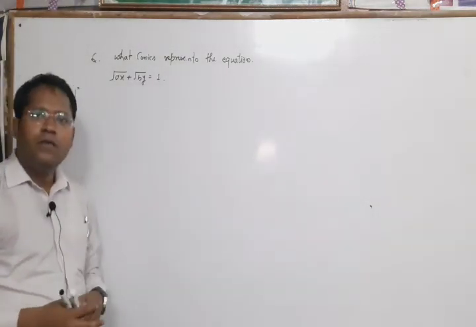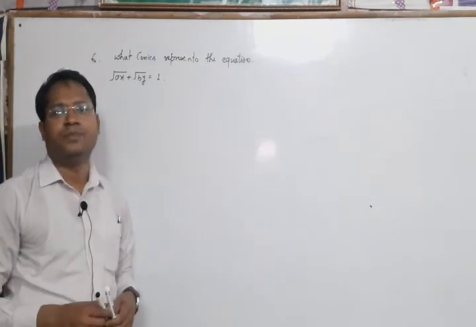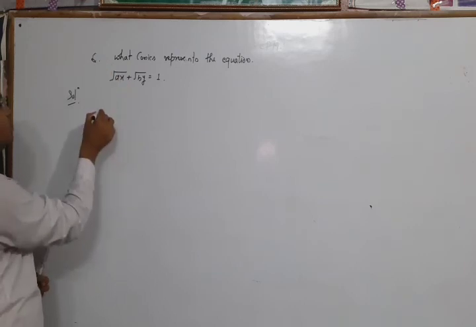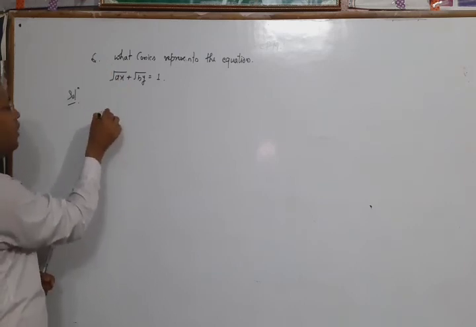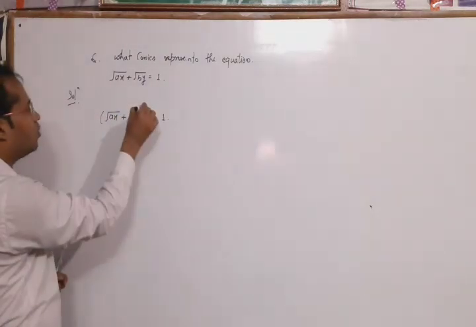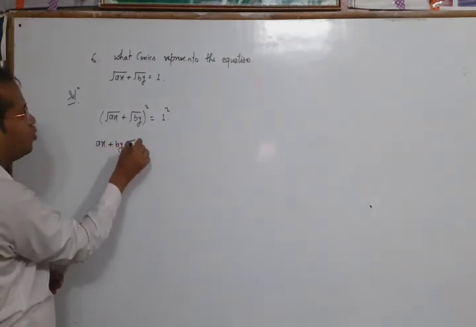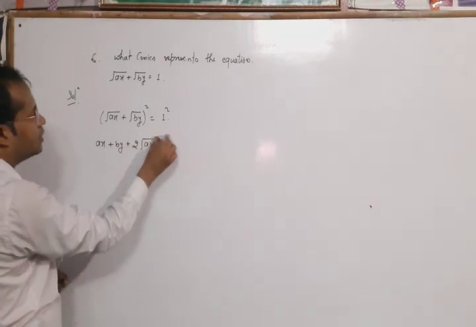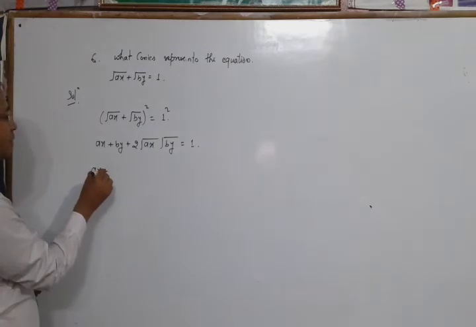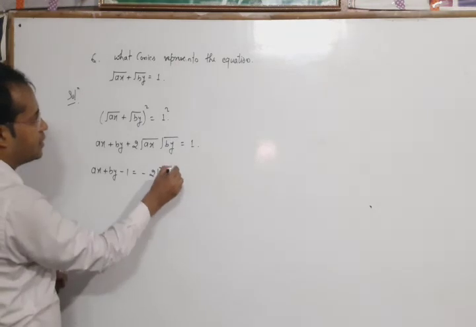First of all, we have to convert the equation into the standard equation form. Squaring on both sides: ax plus by plus 2 under root ax under root by is equal to 1. So ax plus by minus 1 is equal to minus 2 under root ax by.